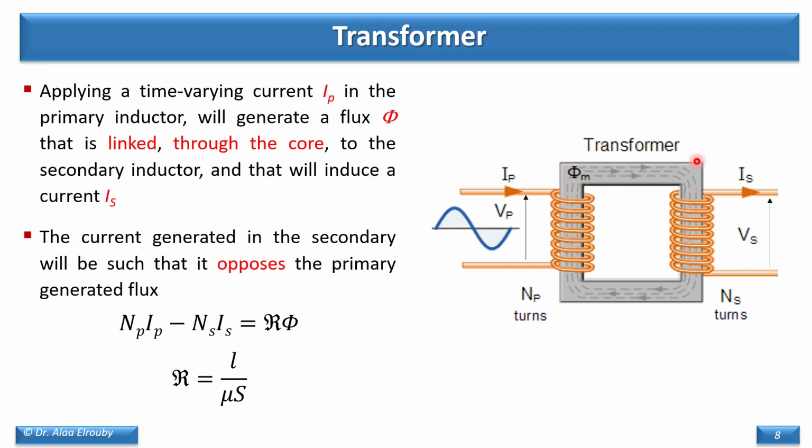When the flux is coupled to the secondary through the core, the secondary inductor will carry an induced current, because this is a time varying flux going into the secondary core. This is very direct application of Faraday's law.